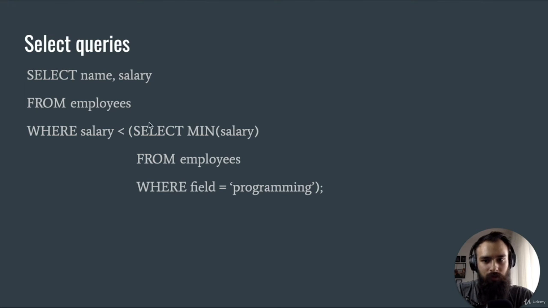So this select will return the minimum salary of any programmer in our database, and this main select will return all employees' name and salary of those who earn less than the worst paid programmer.